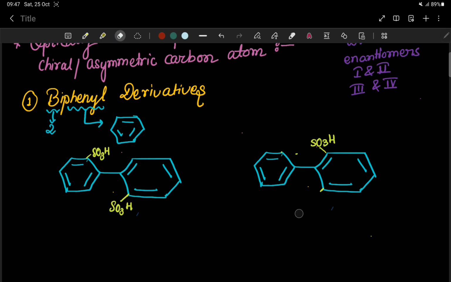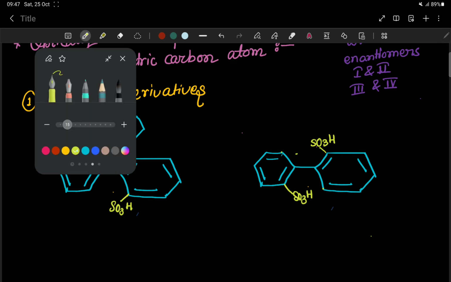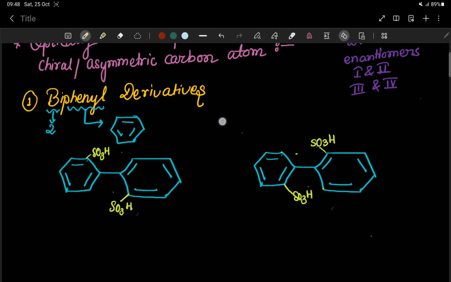And then you can see SO3H over here, then it would be over here, SO3H. Fine, done. This is the mirror image. I'm showing this mirror so that you can distinguish which is a diastereomer and which is an enantiomer as well. So they are known as biphenyl 2,2-disulfonic acid. This is a non-superimposable mirror image as well.